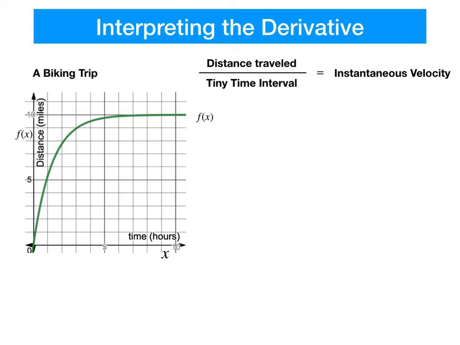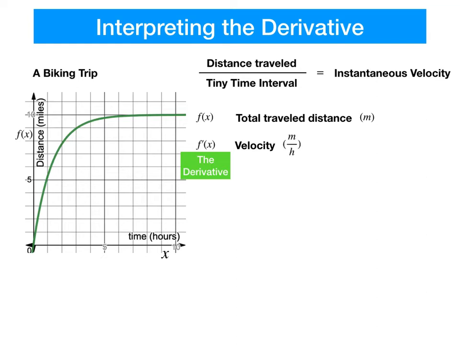So if f of x is the total travel distance in miles, then f prime of x, the derivative of f of x, would tell me the velocity in the unit of miles per hour, my speed at a certain time.